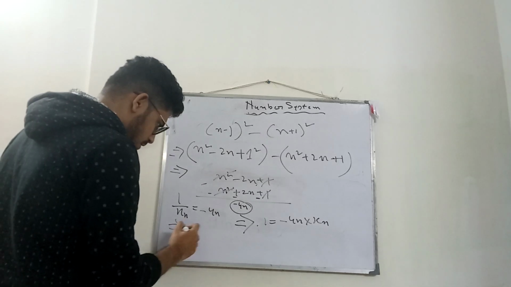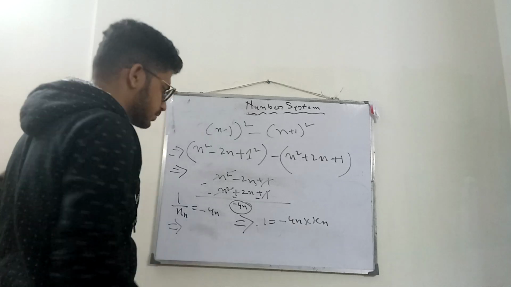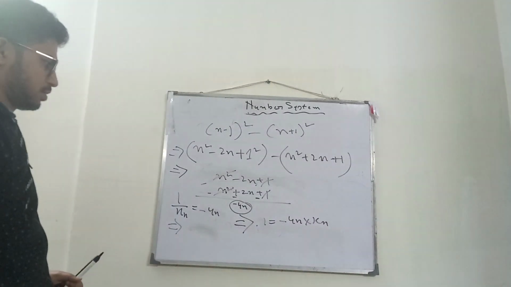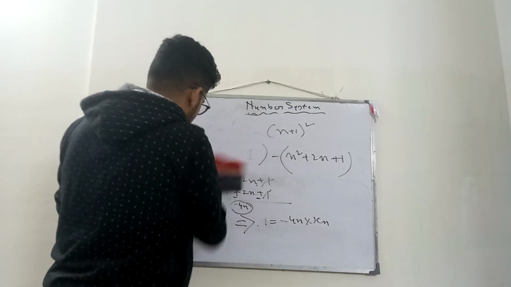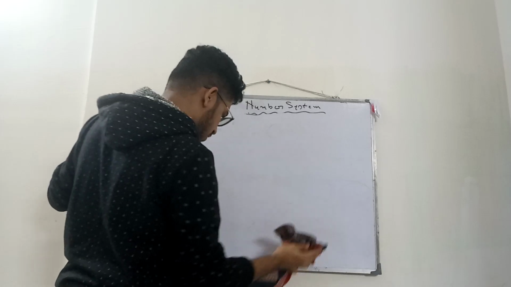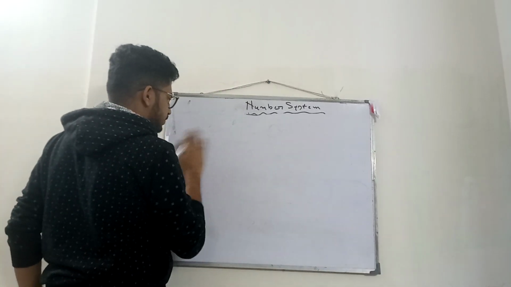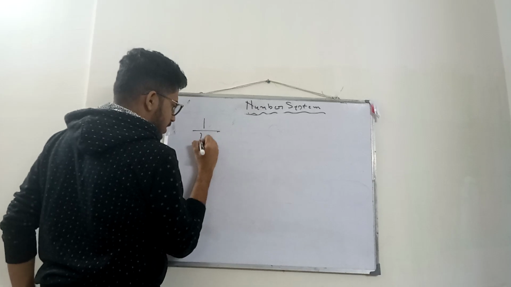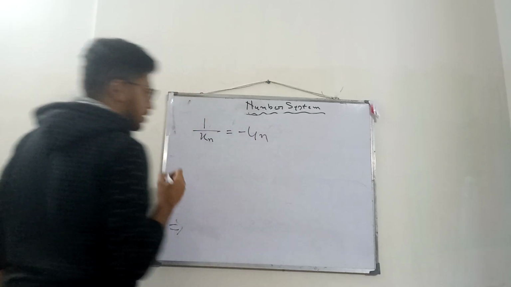I'm removing this whole thing. I'm just solving, I'm just trying to understand what they're trying to say. So 1 upon xn is equal to minus 4n.